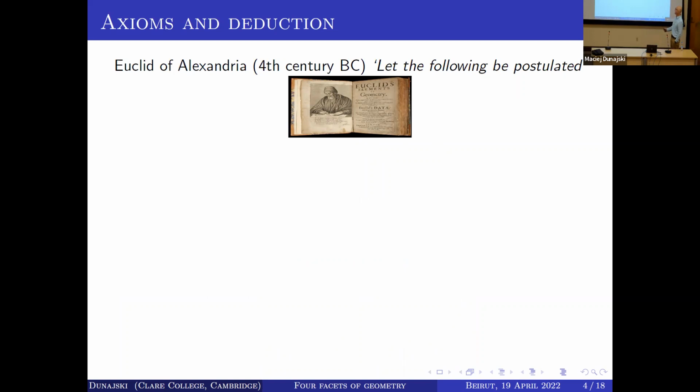I think it's accepted by historians of mathematics that the Elements, the famous collection of books Euclid wrote, which contain these axioms, is not entirely his work, but the work of his contemporaries and teachers. One of his great contributions was putting this together and trying to find a logical framework.